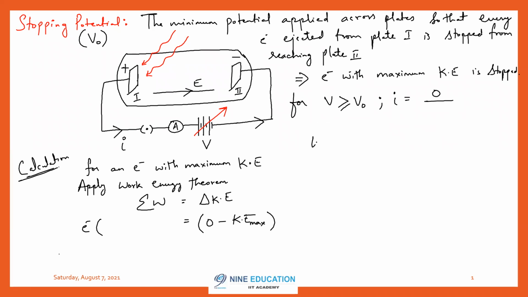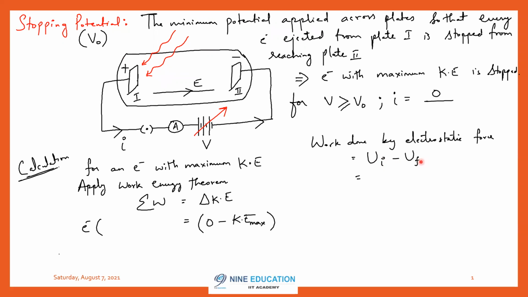Work done by electrostatic force is equal to initial potential energy minus final potential energy, if I remember properly.